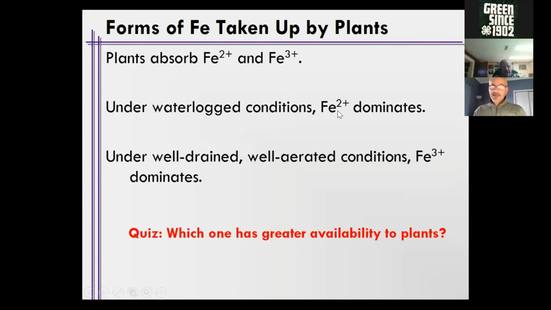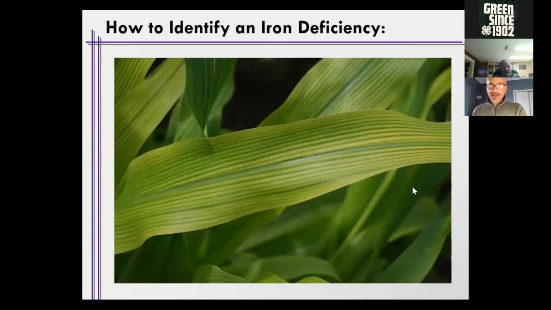Iron 2+ is probably 10,000 to almost 1 million fold greater in terms of availability to plants versus iron 3+. And unfortunately, we grow our plants here. And that's a prelude to a few slides from now, FYI.